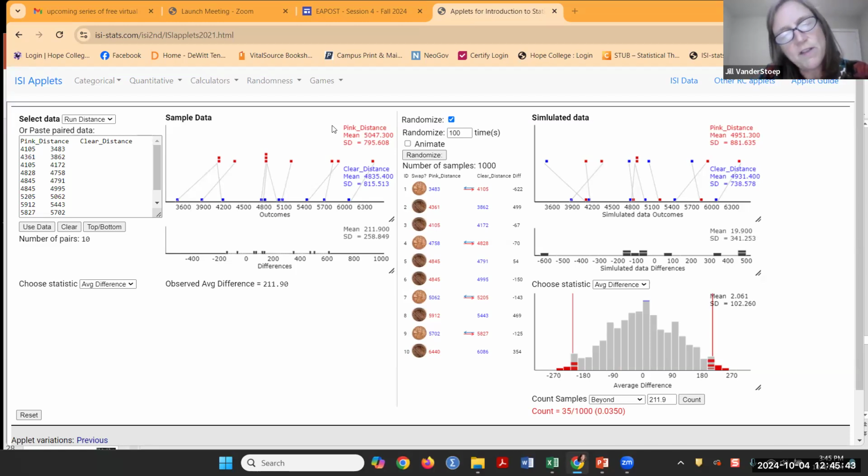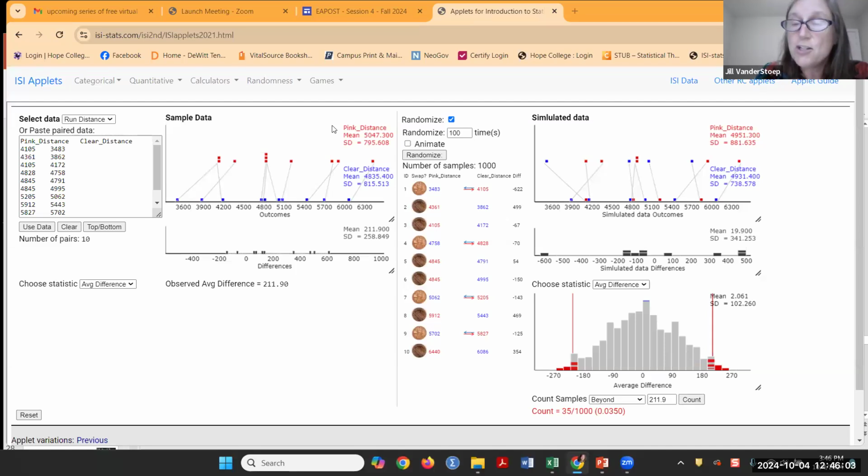And we know that's going to be centered at the best estimate for that, which is our observed statistic, the mean of the differences from our data, so 211.9. And then we have this, what we call 2SD formula, which is just an approximate 95% confidence interval.